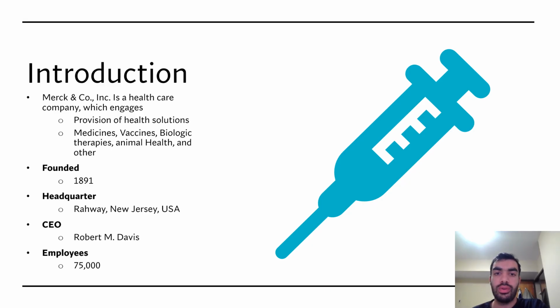It operates through the following segments: pharmaceutical, animal health, and other. It was founded in 1891 and the headquarters is in Rahway, New Jersey, United States of America. Currently the CEO is Robert Davis and 75,000 employees are currently working in the Merck company.